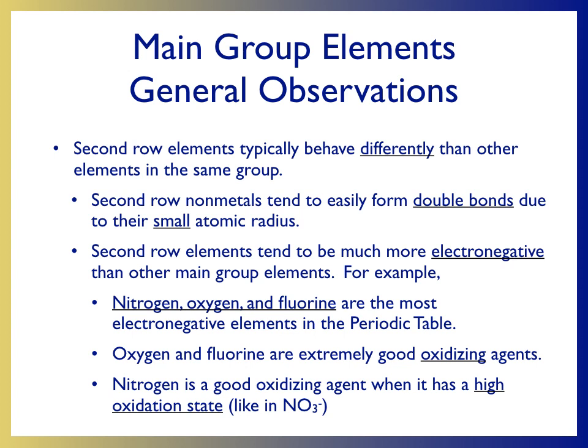Being very electronegative and having a high oxidation state makes nitrogen in nitrate very, very reactive, and nitrates tend to be dangerous because of this. Compounds like nitric acid are very good oxidizers and tend to react very violently with other elements, which can be a safety hazard.